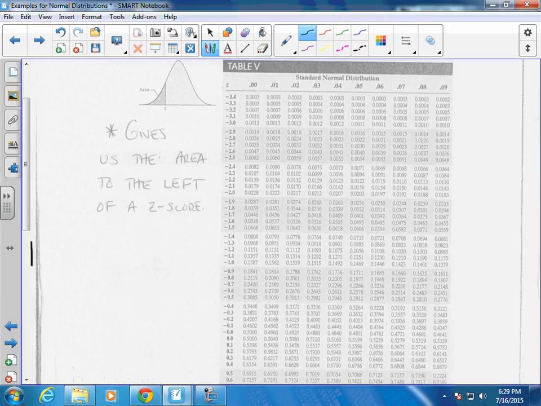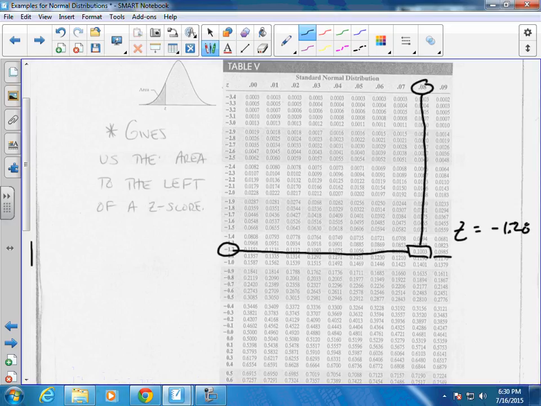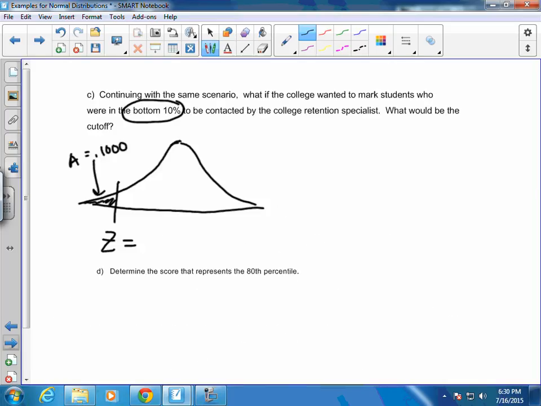So notice we've got 2 that are pretty close, here and here. 0.1003 or 0.0985. Well, the 0.1003 is a little bit closer. Negative 1.28. So that's how I would get my z-score, negative 1.28.